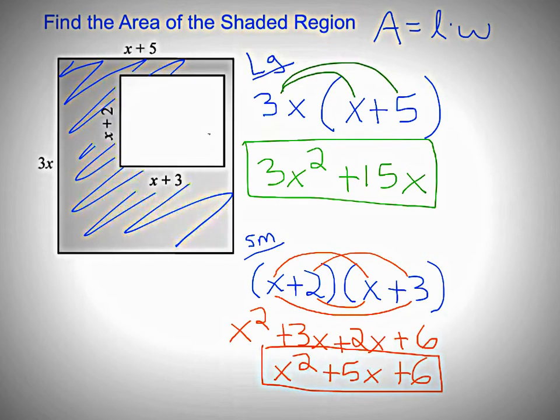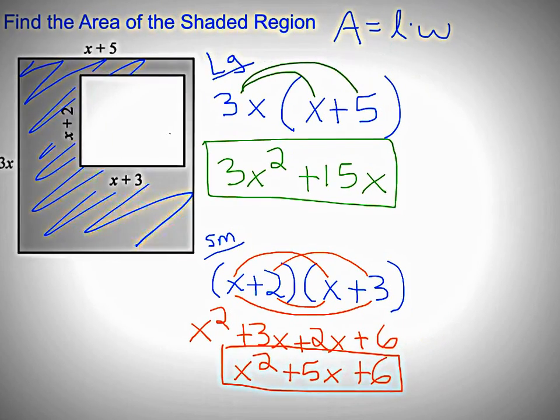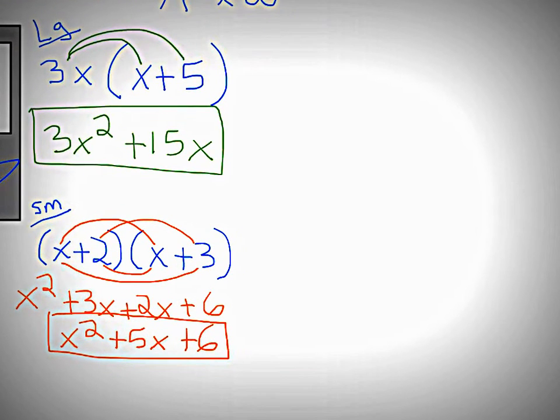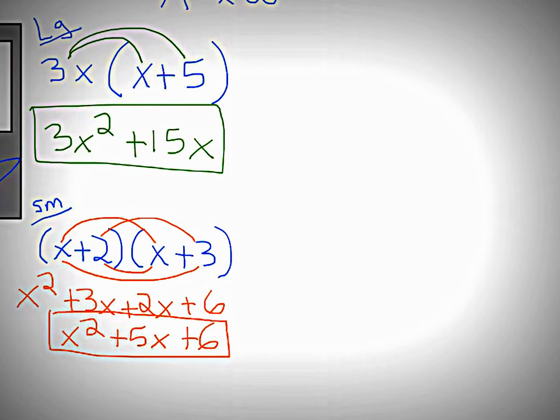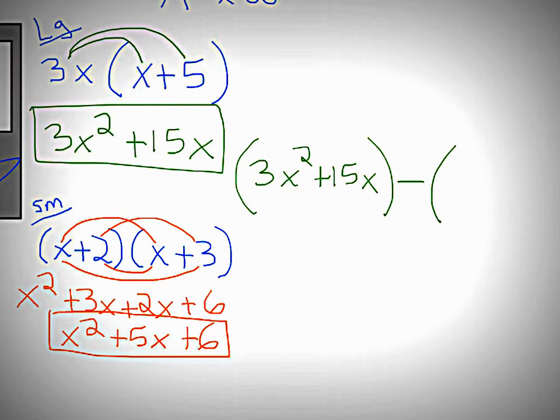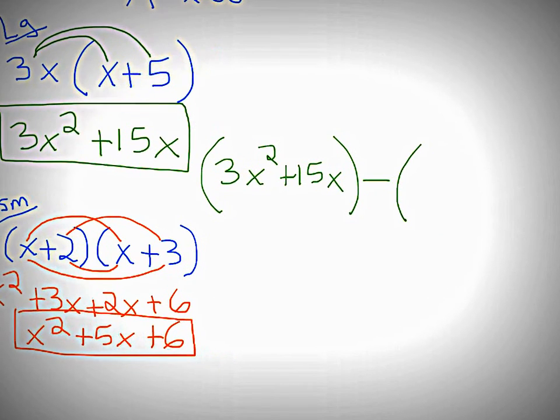So now, to find the area of the shaded region, we need to subtract. So 3x squared plus 15x. Here's a polynomial, and we're going to subtract our other polynomial, which is x squared plus 5x plus 6.